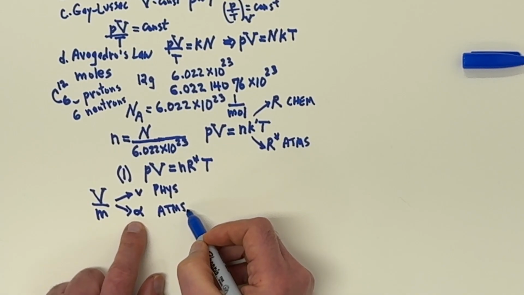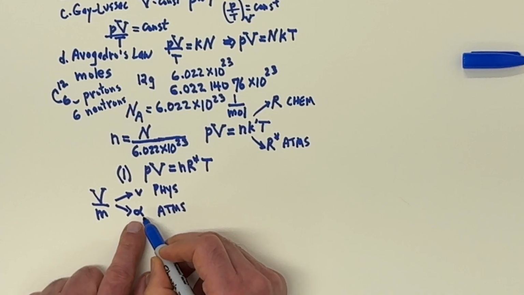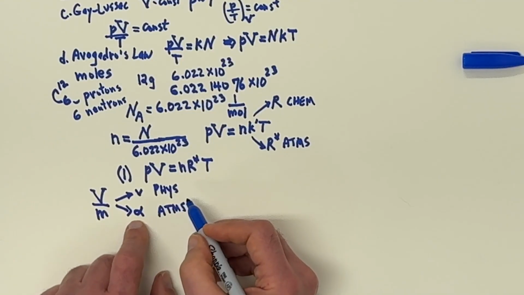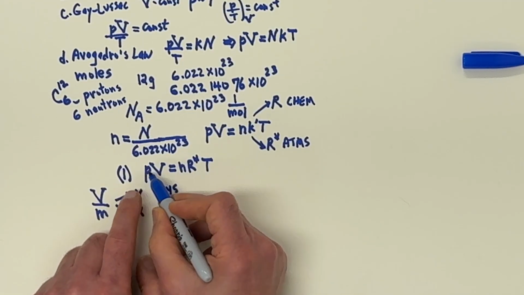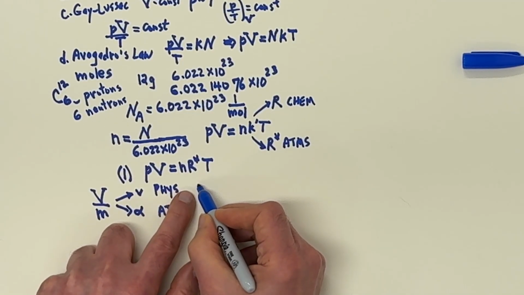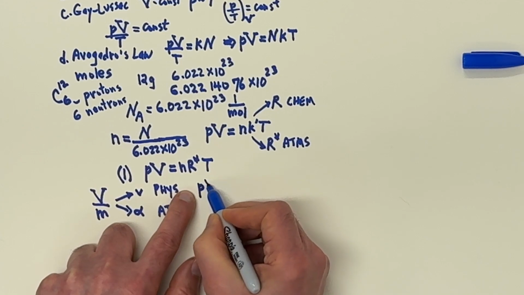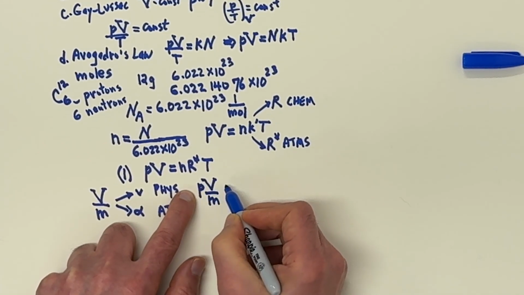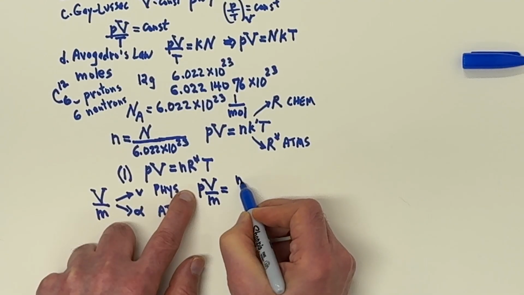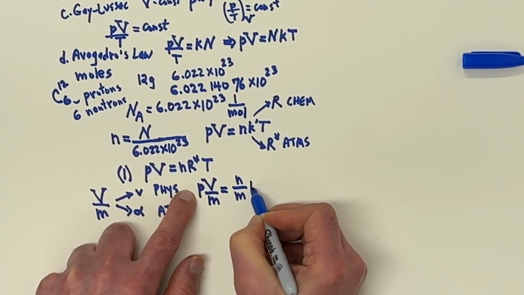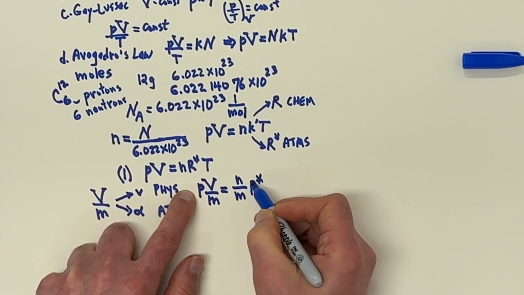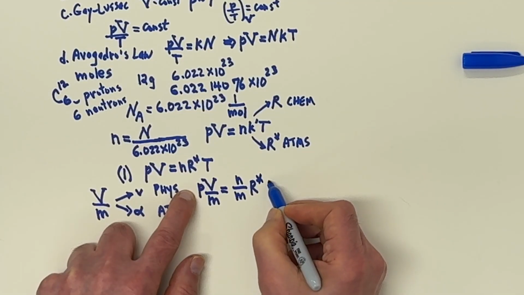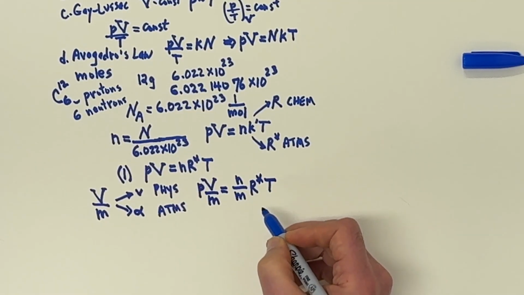So this is the definition for ATMS. Now what we can do is divide this by the mass that's in that volume, and this will be N over M R* T.